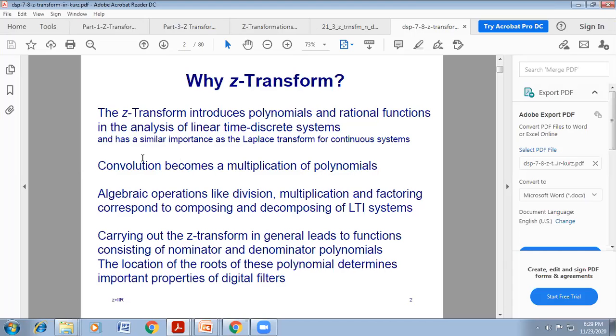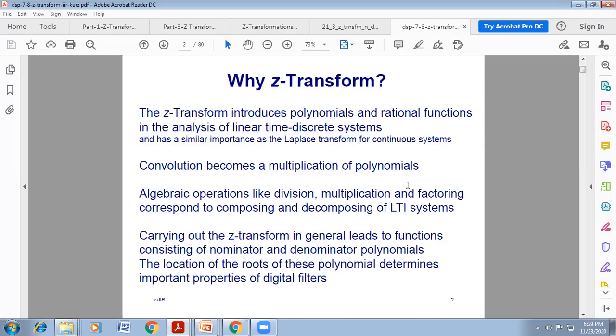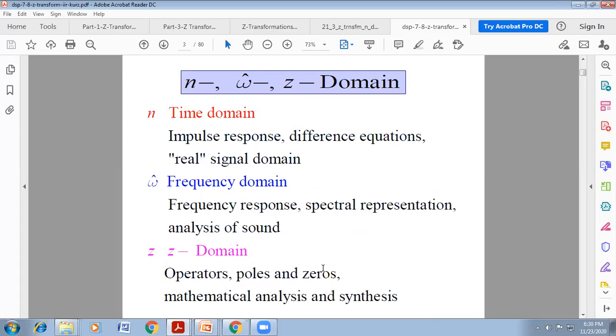Convolution, we have studied about the convolution theorem in Fourier, also in Z transformation. And carrying out the Z transformation in general leads to a function consisting of a numerator and denominator polynomial, and the location of the roots of this polynomial determines important properties of digital filters.